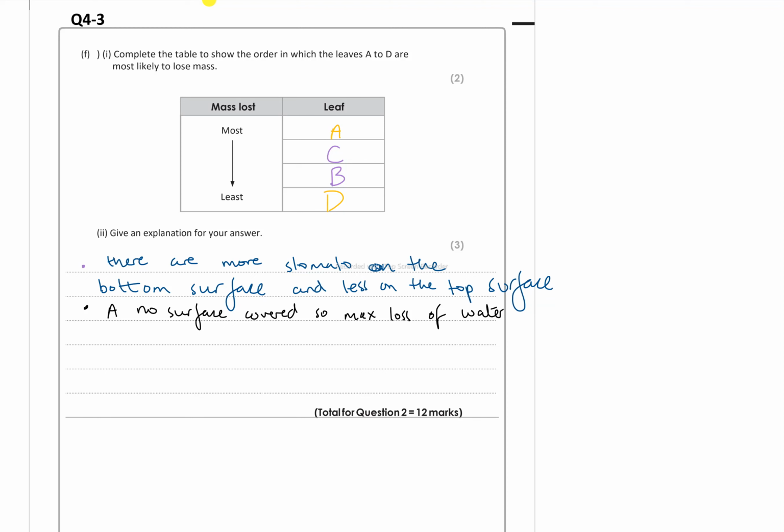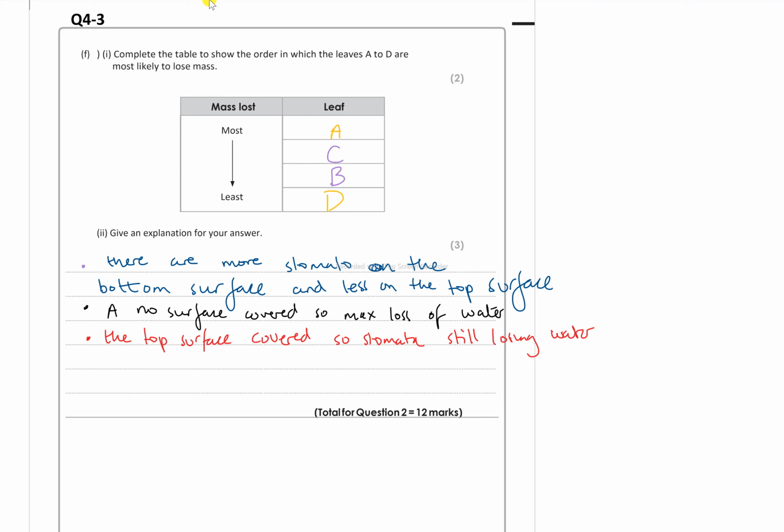Next one, the top surface covered, so stomata still losing water.